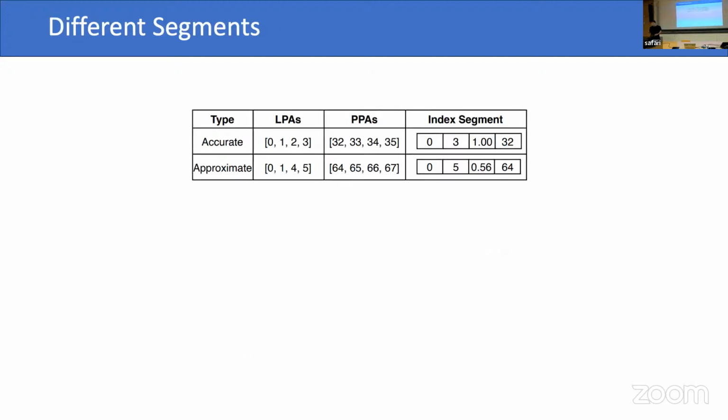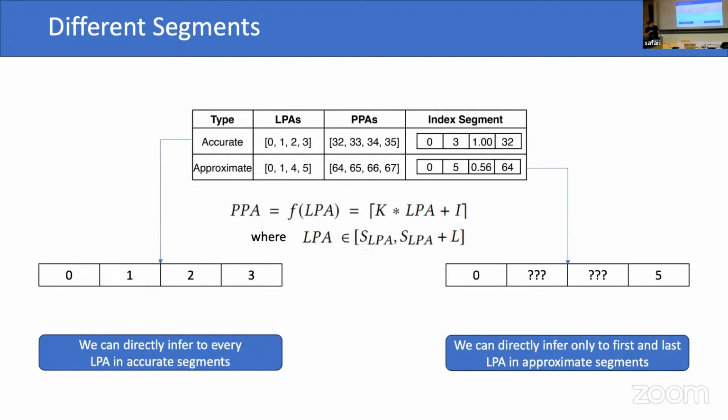This is a problem because in the same structure we have both accurate and approximate segments. Actually, in our structure we only store the index segment. The other one we don't know. So in case we want to look up a segment for an LPA, like LPA = 4, we have problems knowing which segment it is in if it is approximate, because we cannot infer the middle point of the segments.